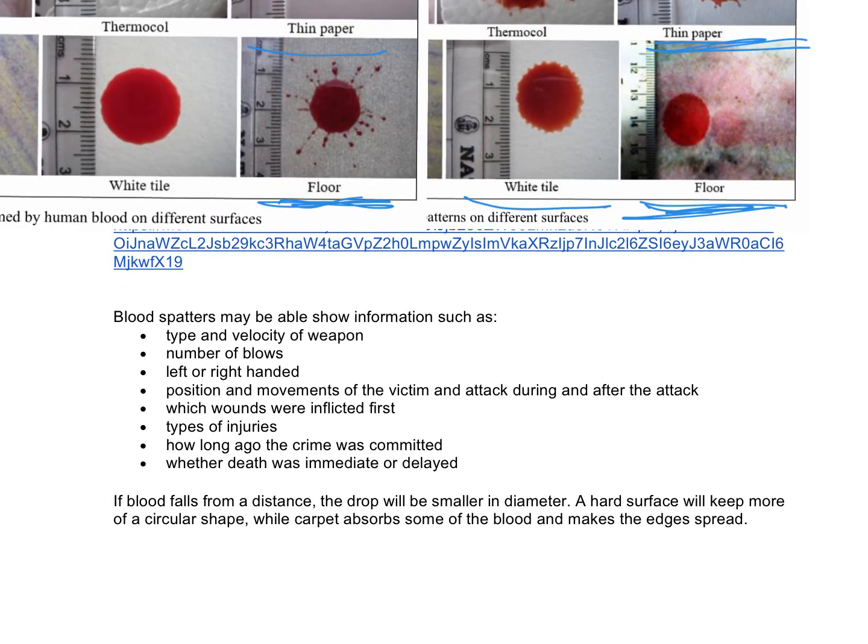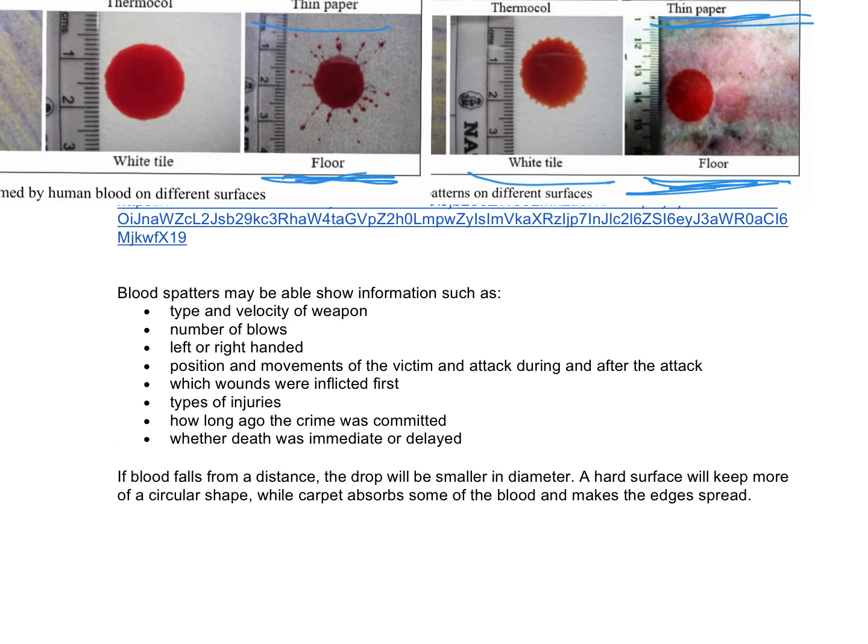Okay, so blood splatters may be able to show information such as the type and velocity of the weapon, number of blows, left-handed or right-handed, position and movement of the victim, and attacker during and after the attack, which wound was inflicted first, types of injuries, how long ago the crime was committed, whether the death was immediate or delayed.